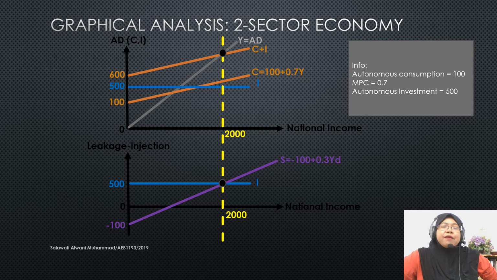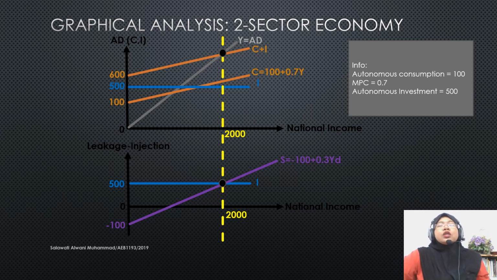For a two-sector economy, we must add C plus I. At the vertical axis, the C line starts with 100 and the I line starts with 500, meaning the amount of AD at Y0, C plus I, is 500 plus 100, so it starts at 600.